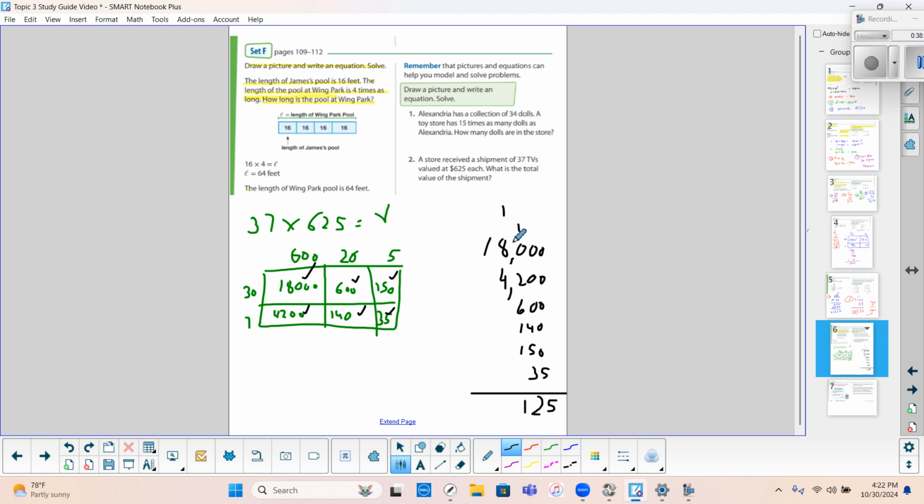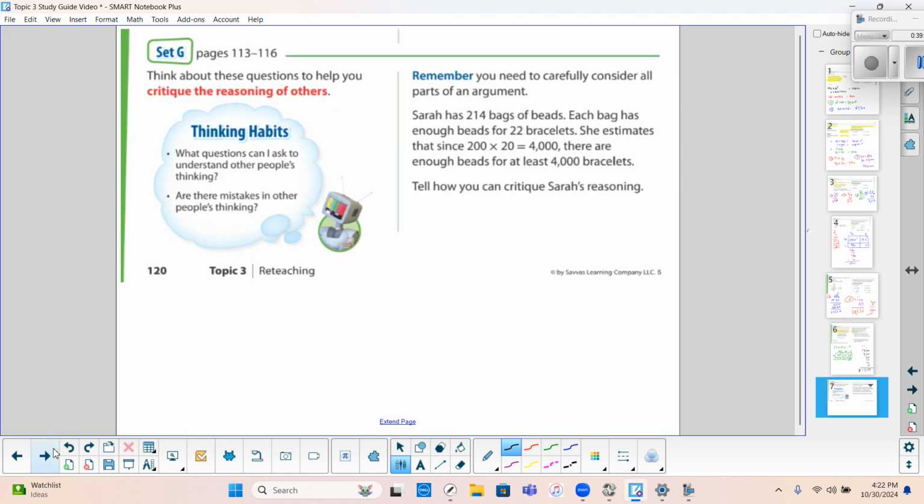Carry the 1. 1 plus 8 is 9, plus 4. 9 plus 4 is 13. Comma's going to come down there. 13, carry the 1. 1 plus 1 is 2. So the total value of the shipment is $23,125. In this case, we are counting money, so that would be dollars.